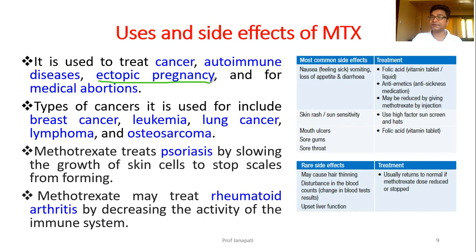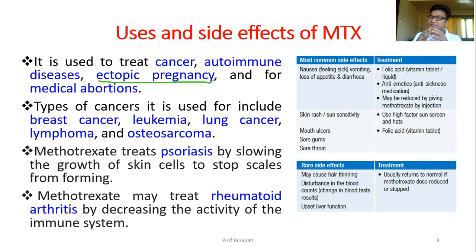That means pregnancy happens not in the uterus but in the fallopian tube. The fallopian tube cannot expand like the uterus, and the baby will grow as the months increase. So it's a very dangerous condition for the woman. In that condition, it's used to remove that.